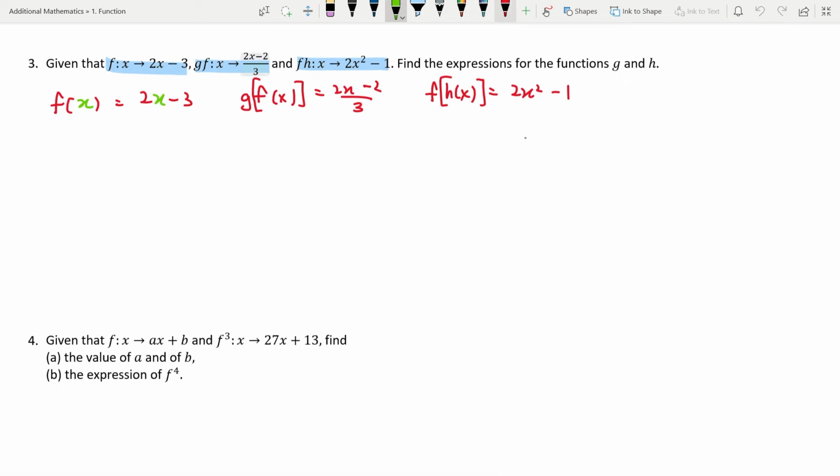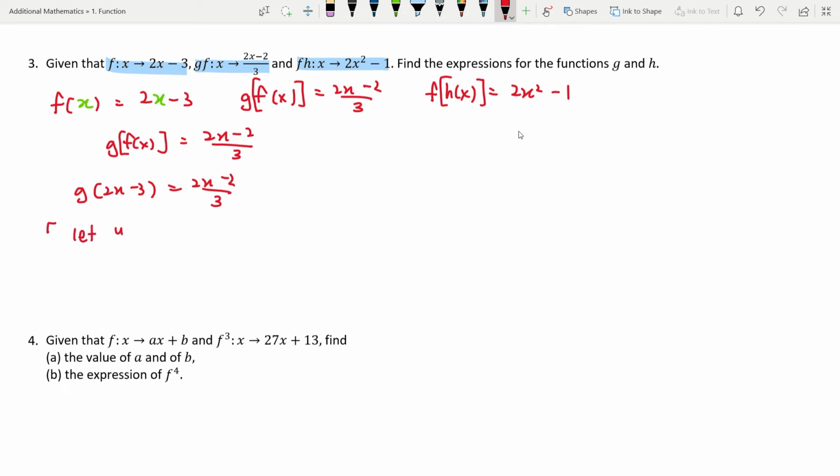Let's do it one by one. gf(x) is equal to (2x minus 2) over 3. So g is the outside function. What we can do is we substitute the f, g(2x minus 3) equal to (2x minus 2) over 3. We need to make the object into one singular variable.